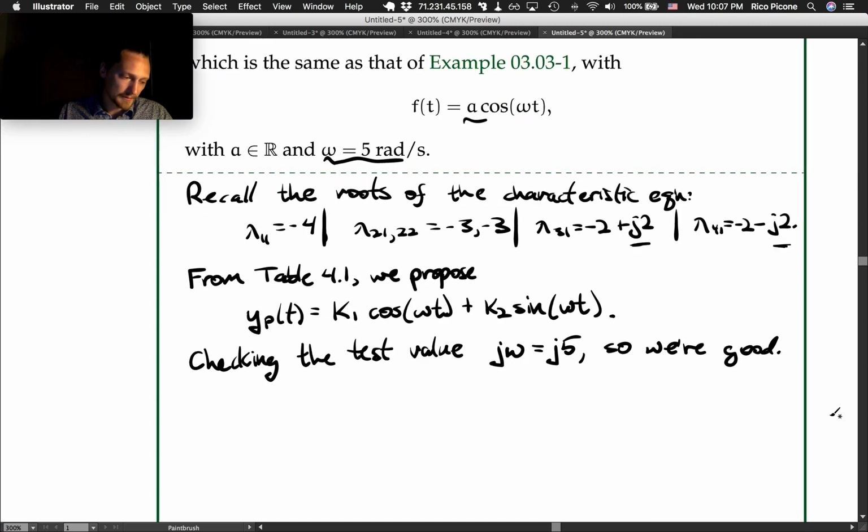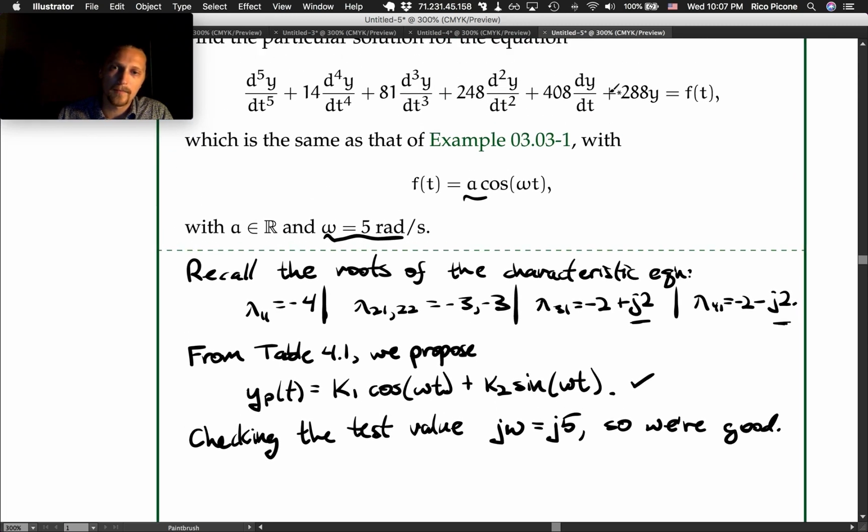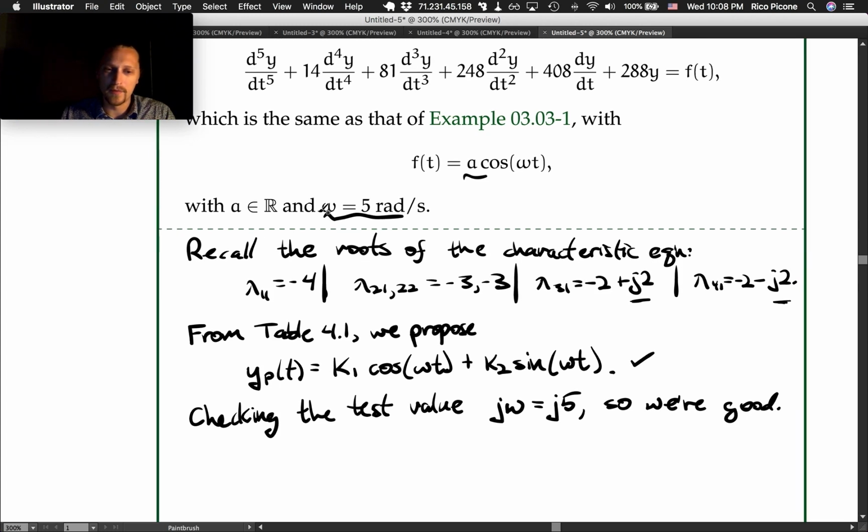So now what we need to do is plug this proposed solution into our original ODE, okay? Into here, which is pretty easy. I just say that y is equal to yp, and I'll rewrite that explicitly. But then we have to take these derivatives, which we'll do separately.